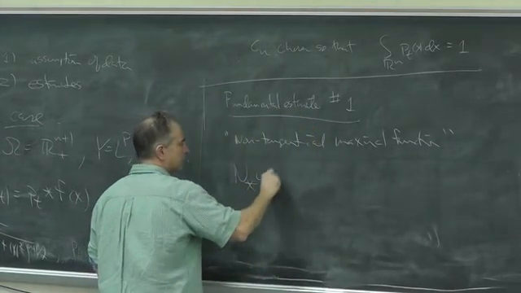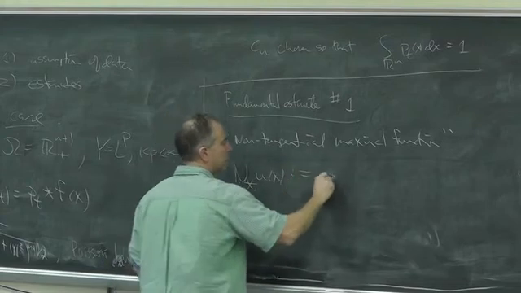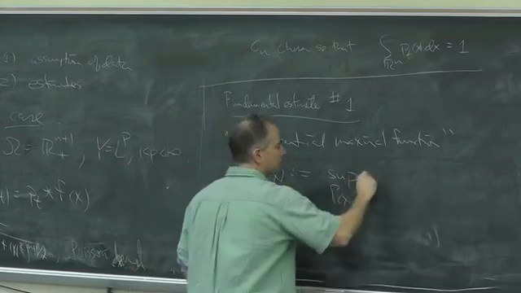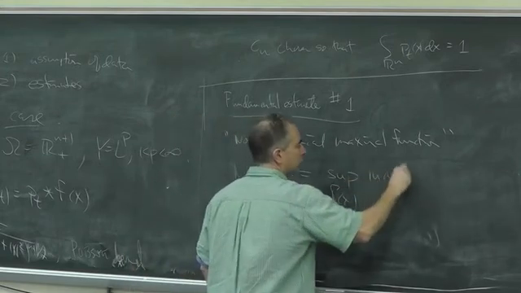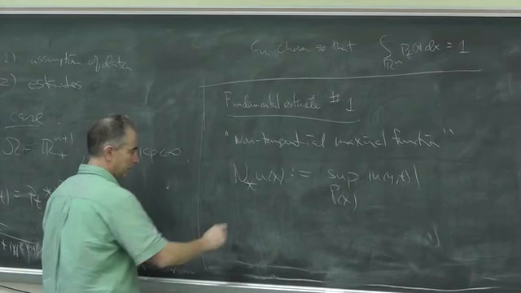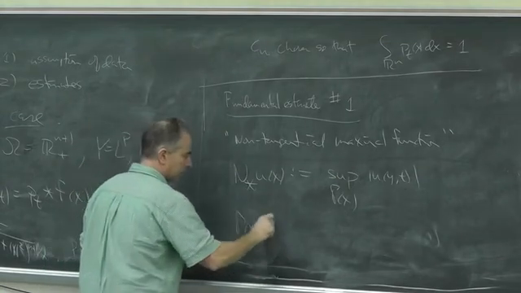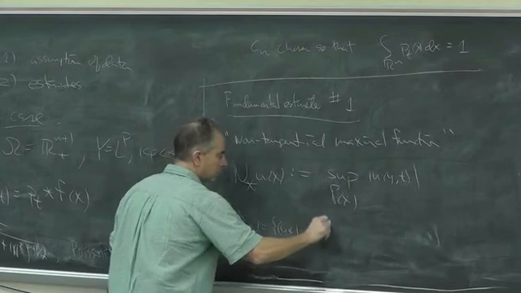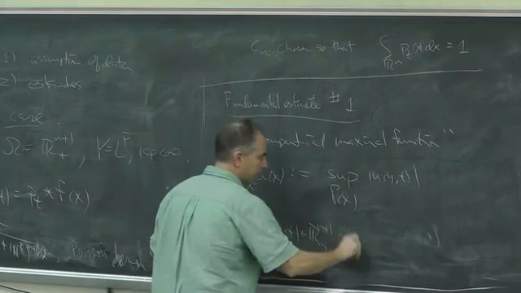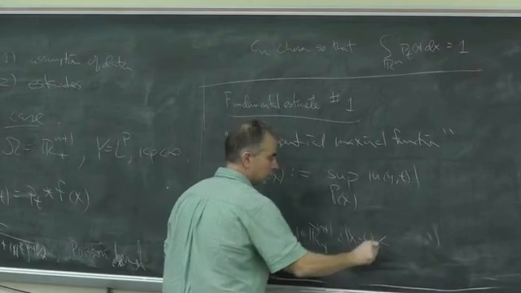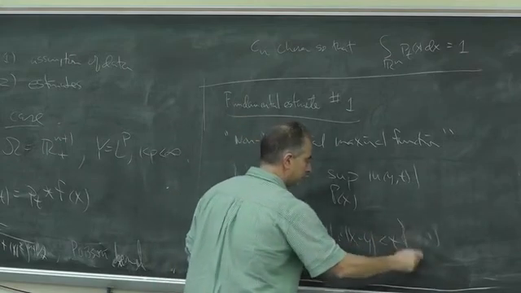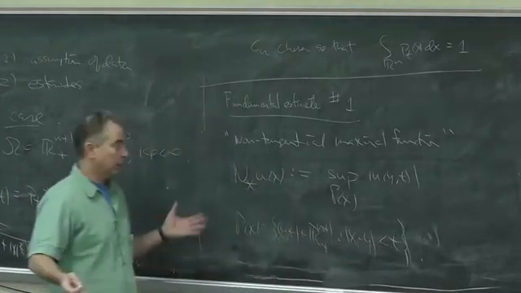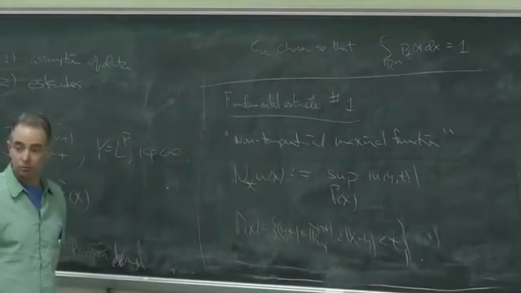N star u of x is by definition the supremum over the cone Gamma of x of |u(y,t)|. Here the cone is just a standard cone, the set of (y,t) in the half space such that the length of x minus y is less than t. And there's nothing special about taking the aperture to be 1. You can work with any fixed aperture.